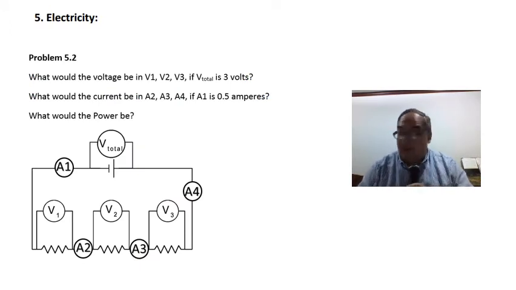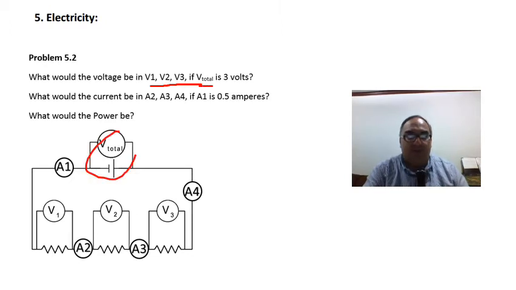Okay, in this problem that we have here, on my side, they are asking us what would be the voltage in V1, V2, and V3 if VT, or the total, or the battery we have here, is 3 volts.